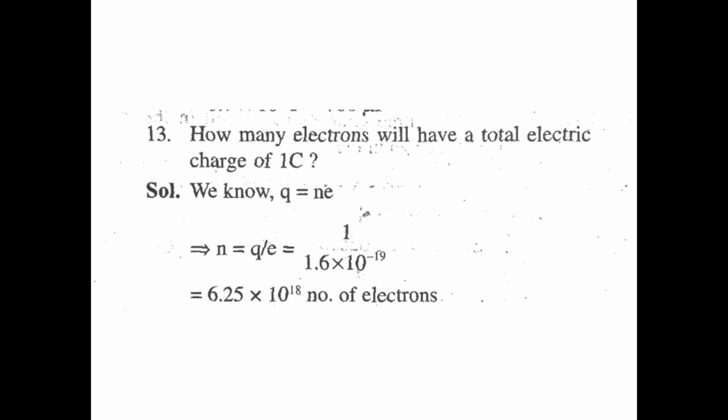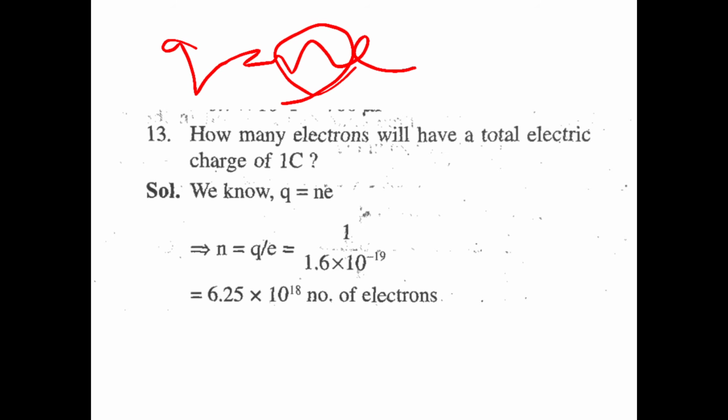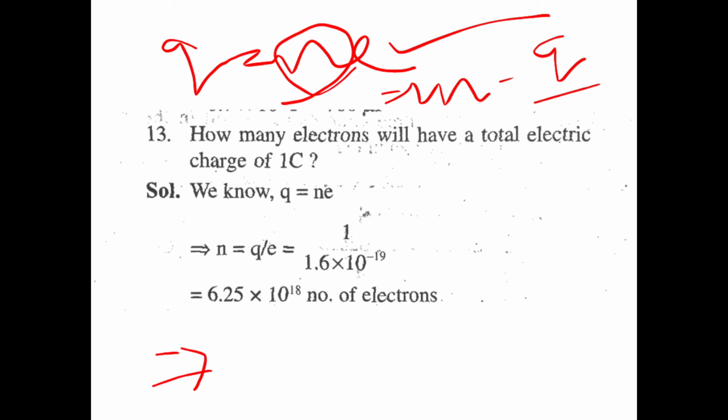Okay, next question. How many electrons will make a total electric charge of 1 coulomb? Let charge Q is equal to Ne, where N is the number of electrons and e is the charge of electron. If your total charge is equal to 1 coulomb, that means N is equal to Q by e.